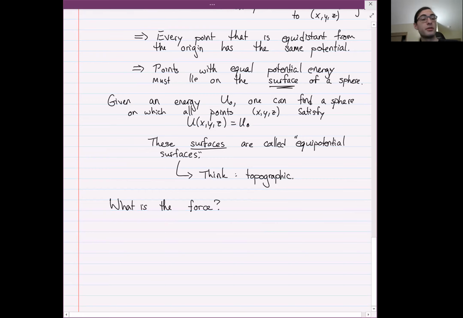Now, we can also think about what the force would be for this potential energy. I'm not going to do all the algebra for you. It turns out that this force is equal to 2a times x i hat plus y j hat plus z k hat. It takes a little bit of work to get here, but it's not so hard.